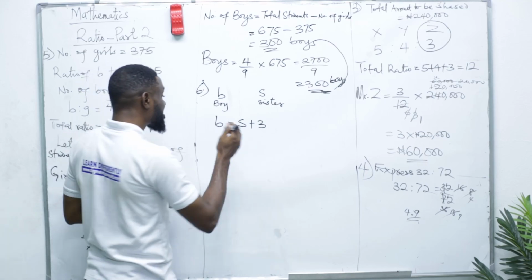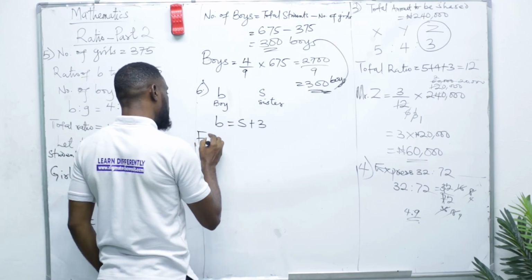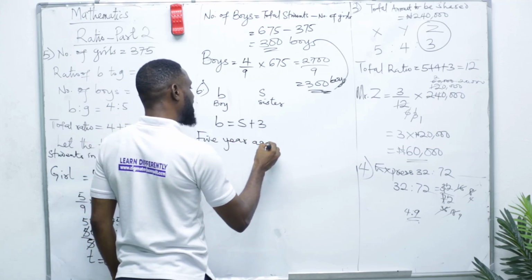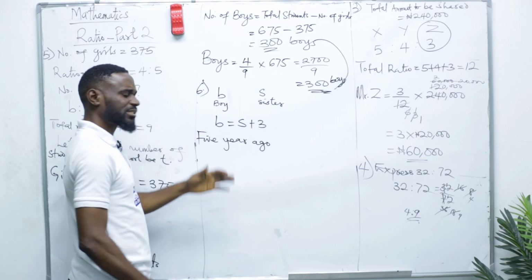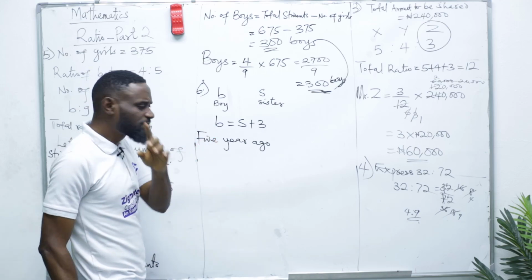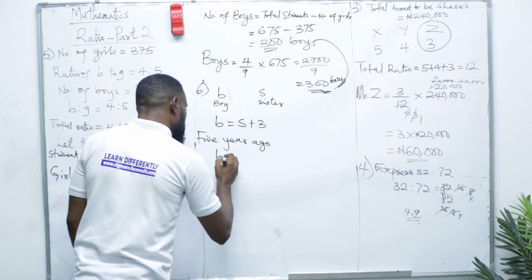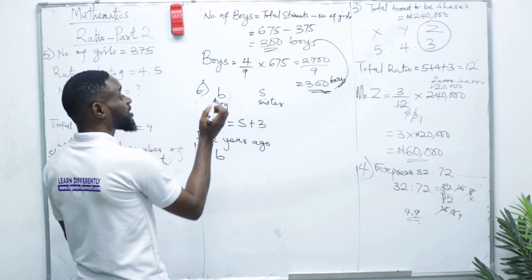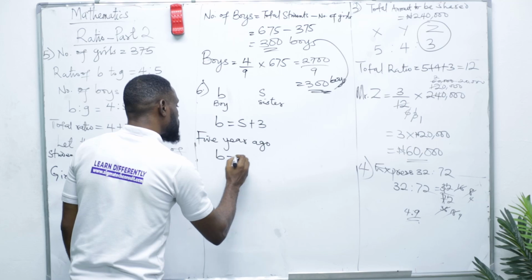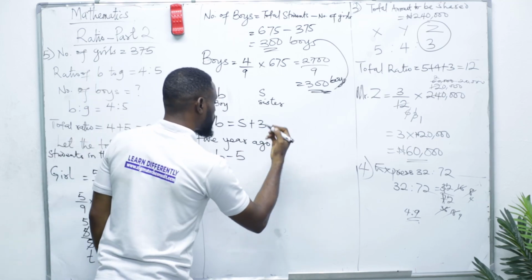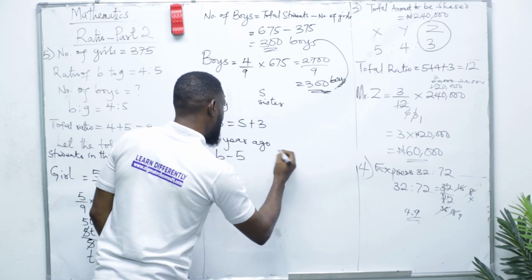Now, let's look at what the ages were 5 years ago. This boy's age, B, 5 years ago becomes B - 5. Then for the sister, her age is S - 5.